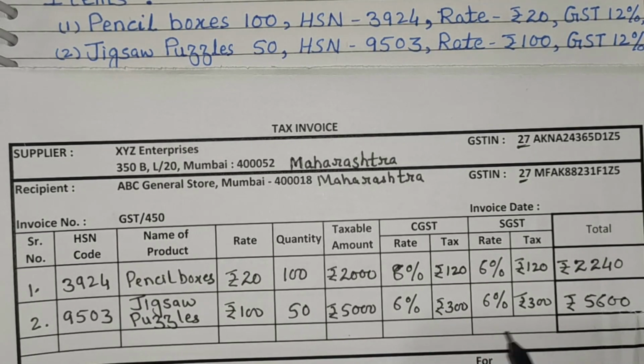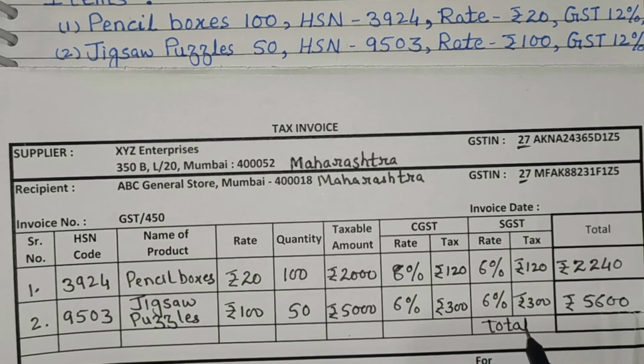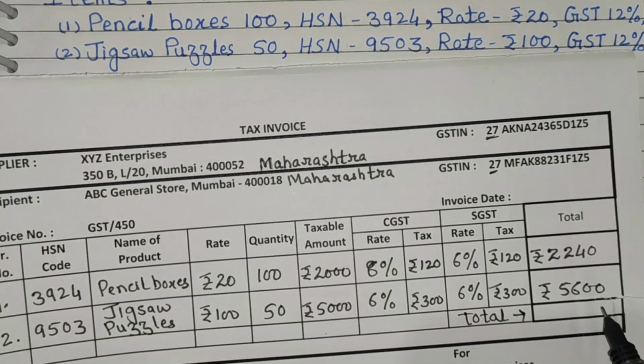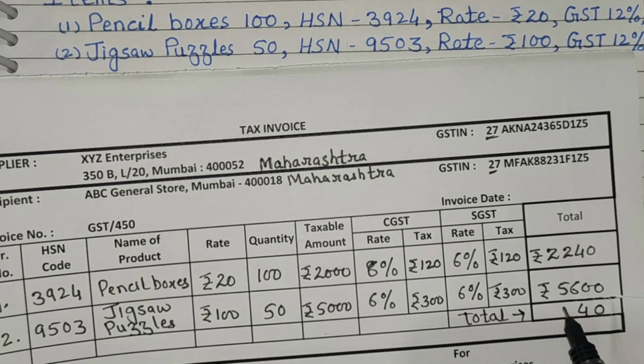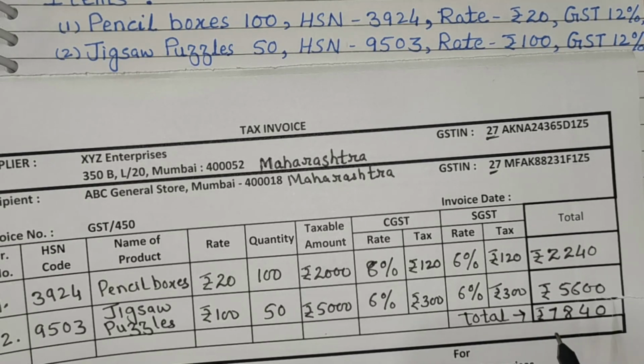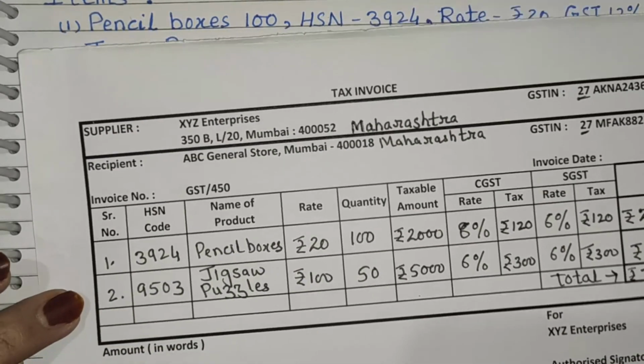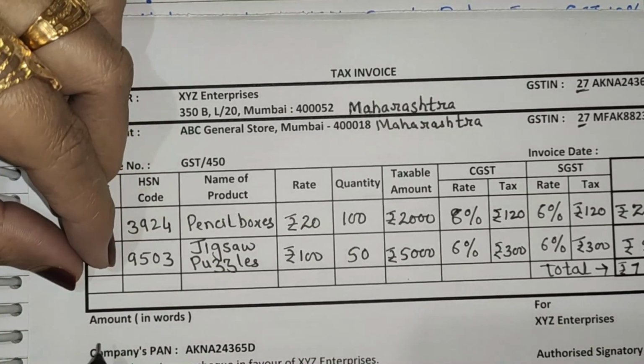Now the total amount is 2240 plus 5600. Now we get here rupees 7,840. Write down amount in words.